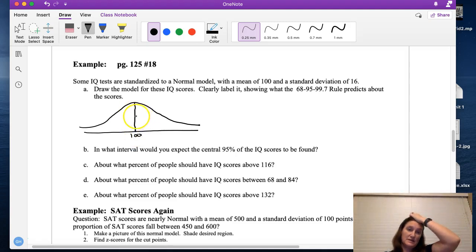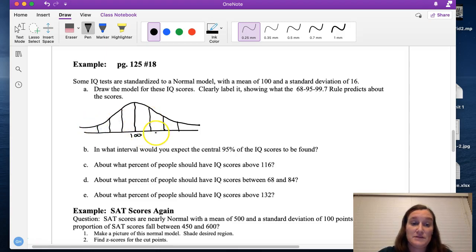So our mean is 100. And we're going to do 3 divisions on either side, going a standard deviation away from the mean for each division. I'll show you what I mean after I draw these.